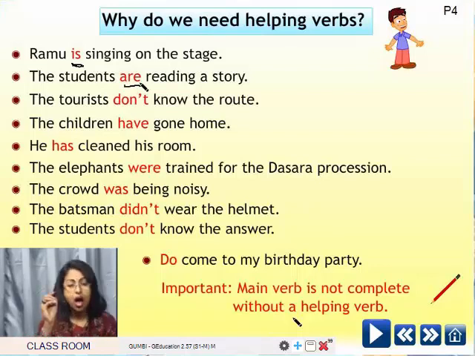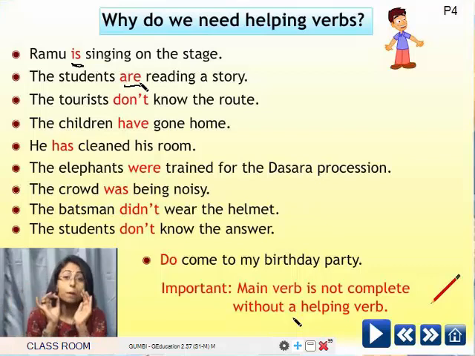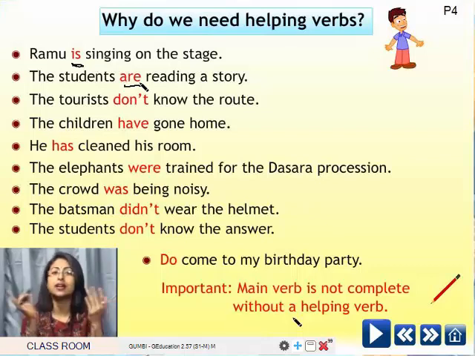The students are reading a story. It is plural form. So what will I be using? Are. If I don't use are, if I just say the students reading a story, it's an incomplete sentence and not a correct sentence.